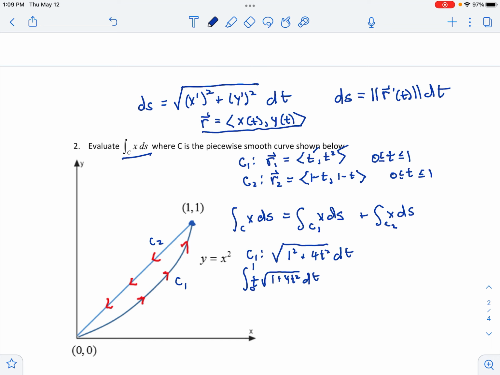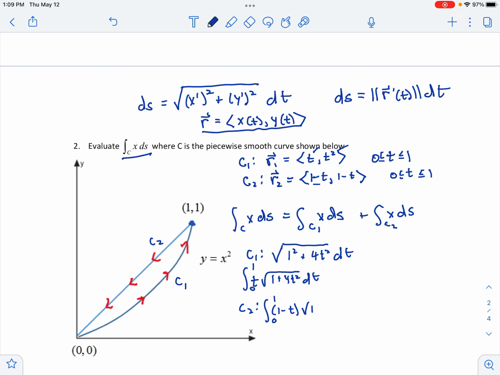Then we've got C2. Okay, so this is still going to be 0 to 1. And for x now, I've got 1 minus t. See? Just put 1 minus t. And then I've got the derivative. So the derivative, this is negative 1 squared.